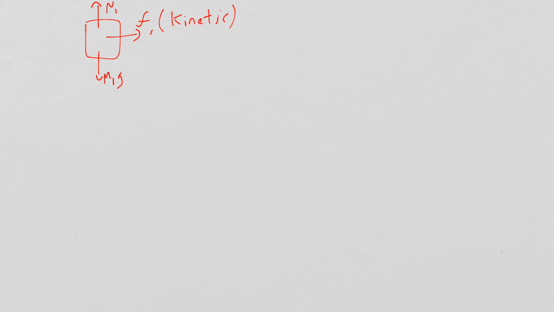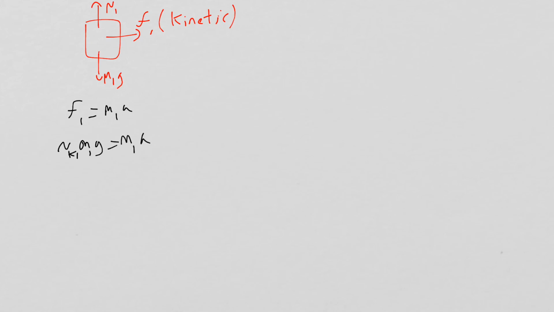We can cancel the m1s, and we find that a is just very simple, mu k1g. And that's it. It doesn't matter what block 2 is doing. It doesn't matter what the hanging mass is doing, because the only interaction that block 1 has with the rest of the system is through that kinetic friction. And that's the only thing that gives it an acceleration. So it's a much simpler problem than it first looks.